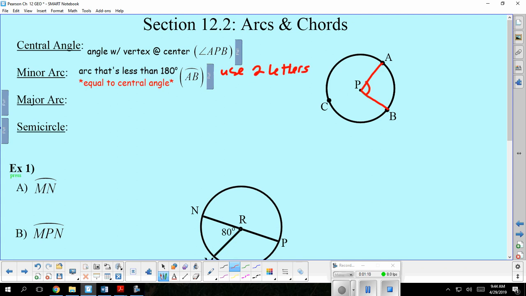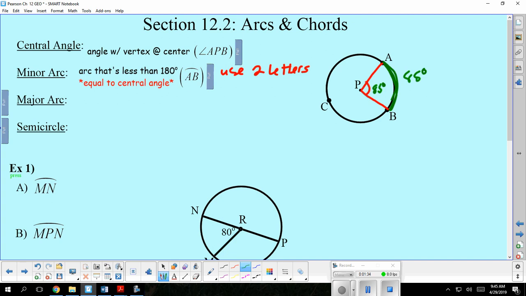So a minor arc AB would be this one. Remember that arc measure. If this was, say, 85 degrees, then this would also be 85 degrees. So the measure of the central angle is equal to the measure of the arc.